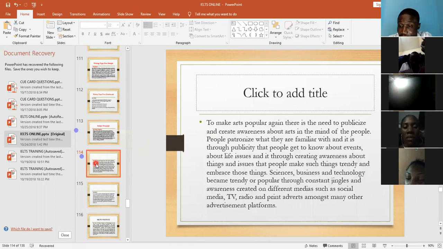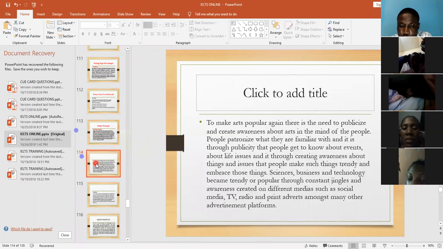I said to make, there's no better way, nothing to transit. I am just trying to say at this point, I am giving a solution to make arts popular again. You could start anywhere. You could say, okay, one of the key things to make arts popular, or one of the solutions to making arts popular is.